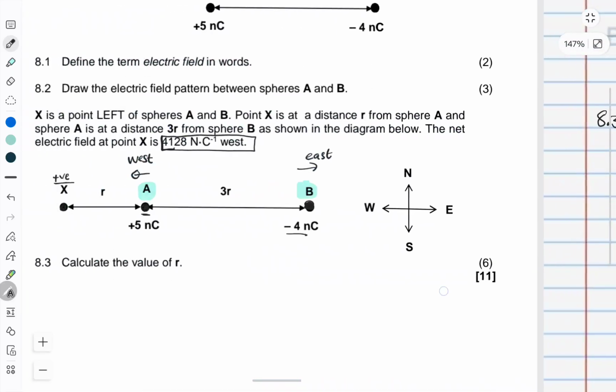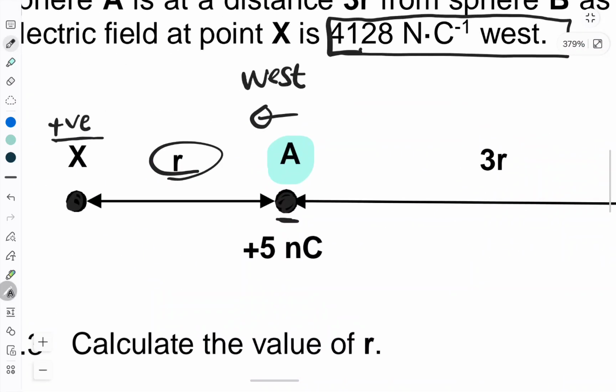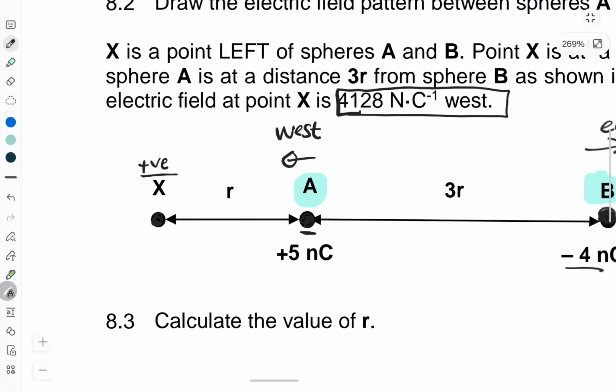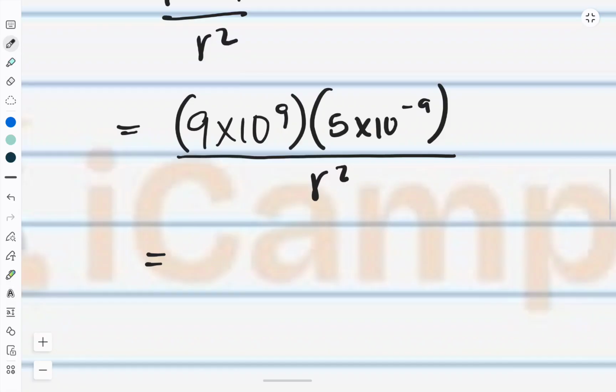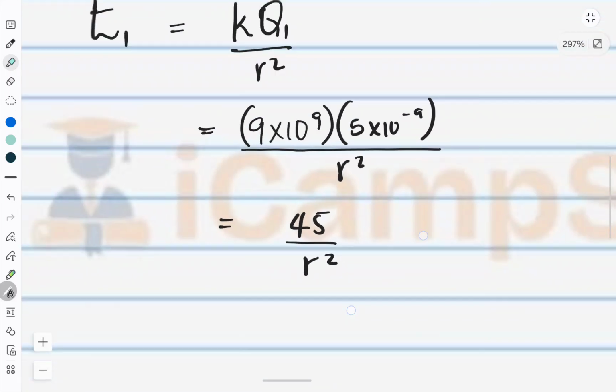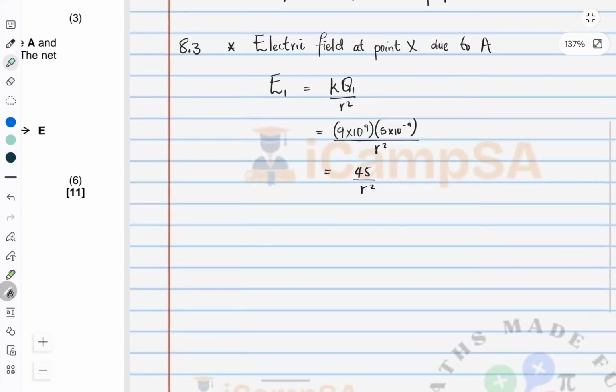The reason I'm substituting r is because we are told that the distance is just r, okay? Now we'll say 9 times 5, so this is 45, which makes sense, over r squared, because the powers of 10 cancel each other to 0, so you'll just have 9 times 5 multiplying each other. All right, so 45 over r squared, that's my first E1.